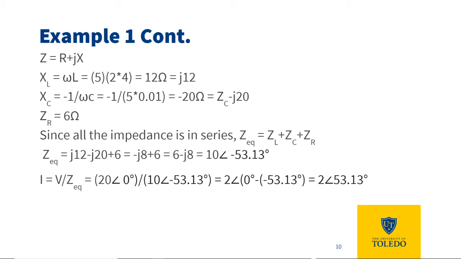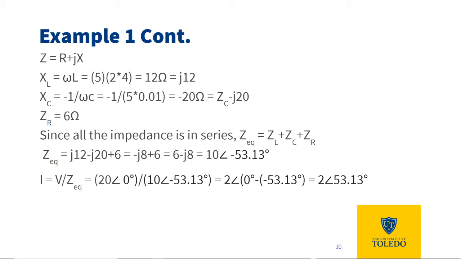Since all impedances are in series, the equivalent Z equals Z of L plus Z subscript C plus Z subscript R. The Z equivalent comes out to 10 angle negative 53.13 degrees.